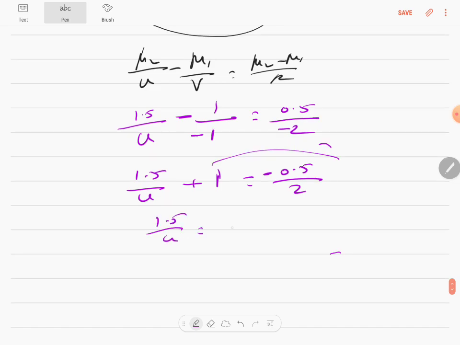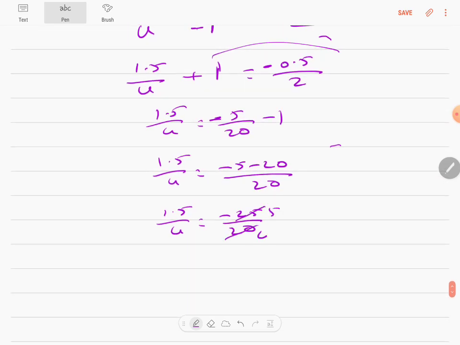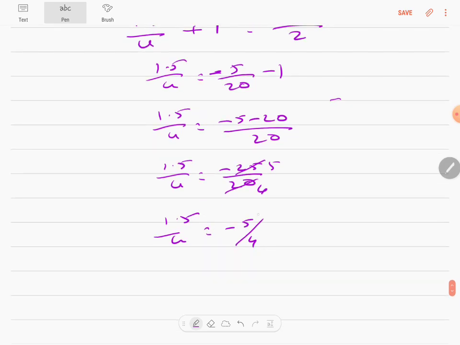1.5 by u is equal to, multiplying by 10, 5 by 20 with a negative sign, minus 1. With 20 as the LCM, it is minus 5 minus 20. So 1.5 by u is equal to minus 25 by 20, since 5 fives are 25, 5 fours are 20. That is 1.5 by u equal to minus 5 by 4. 5 threes are 15 with a 0.3, correct?